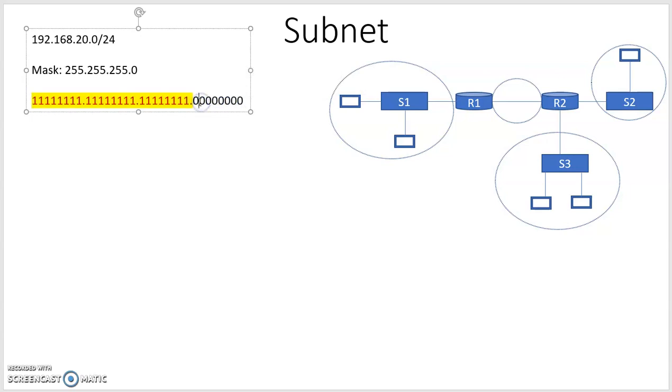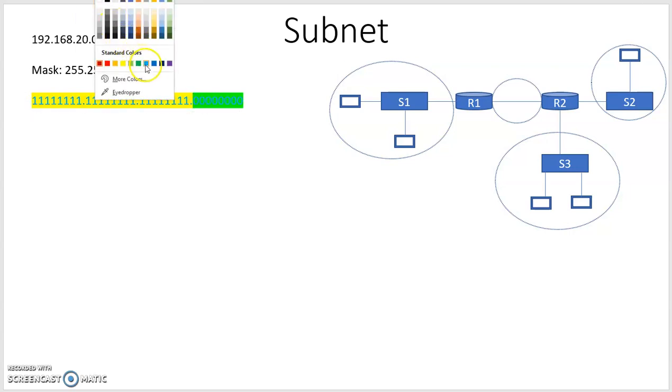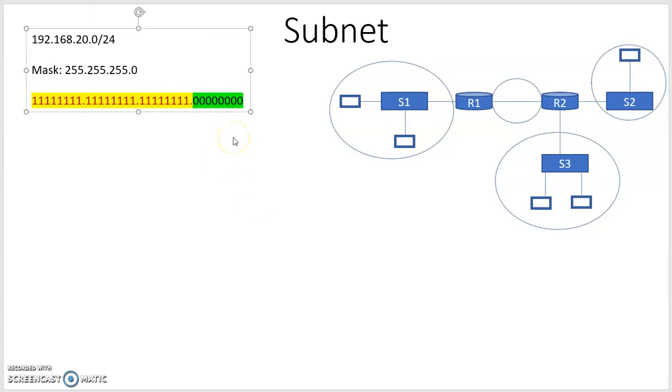So the first 24 bits belong to the network portion, and let me select like this, it's easier. The last 8 bits belong to the host.